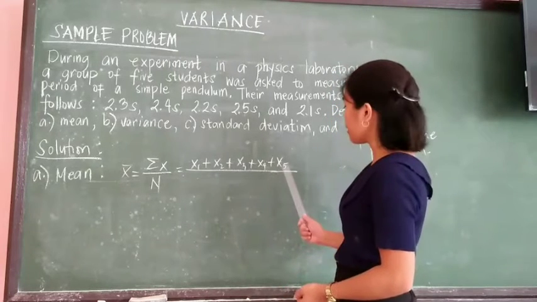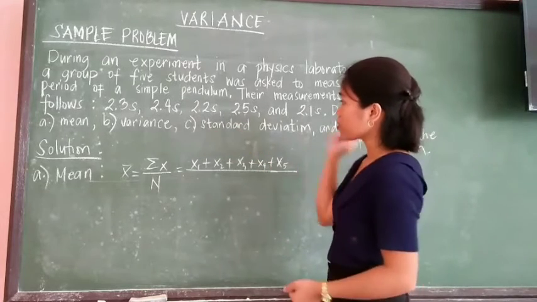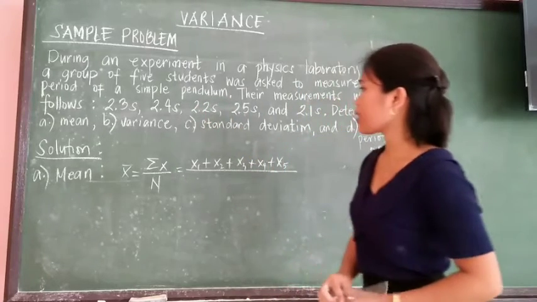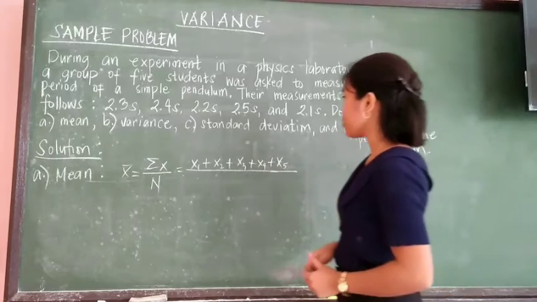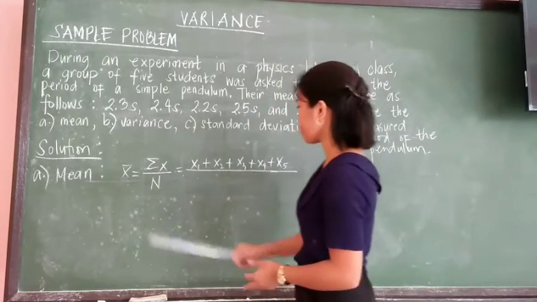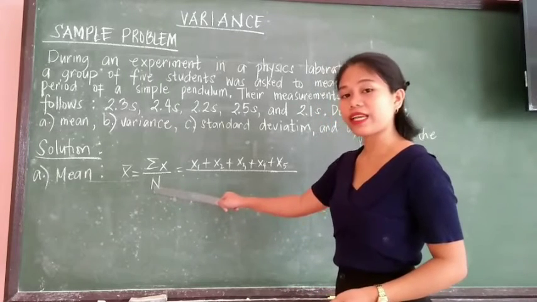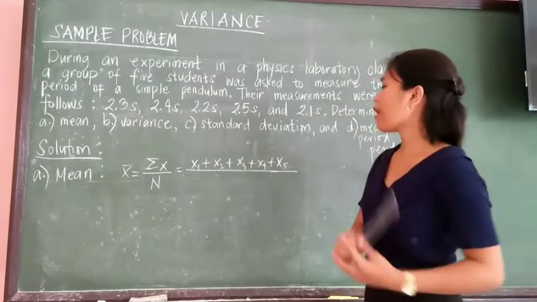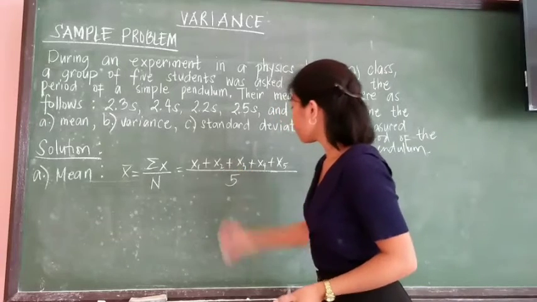But we are only until x sub 5 because the measured values here are only up to 5 trials, over n. Again, the trials taken are 5: 1, 2, 3, 4, 5. Therefore, n is 5.